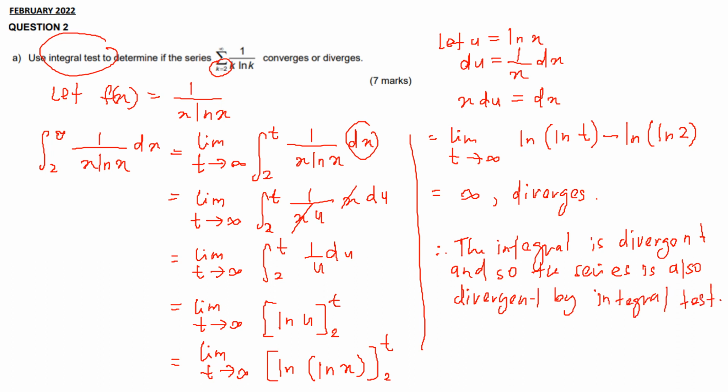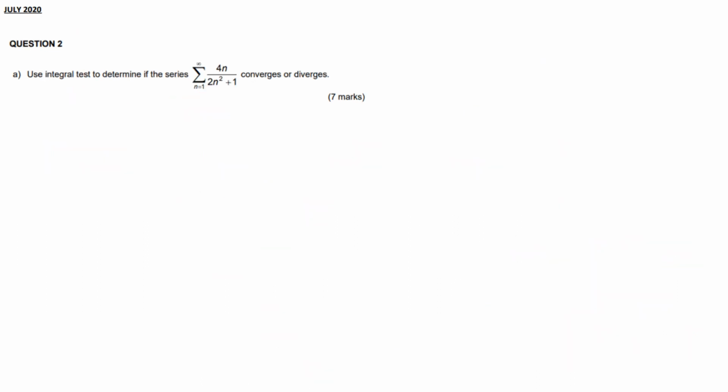Or else you can put your conclusion by copying back your series. Therefore, the series 1 over k ln k diverges. This one is also accepted. Alright, so next we continue on the third question.